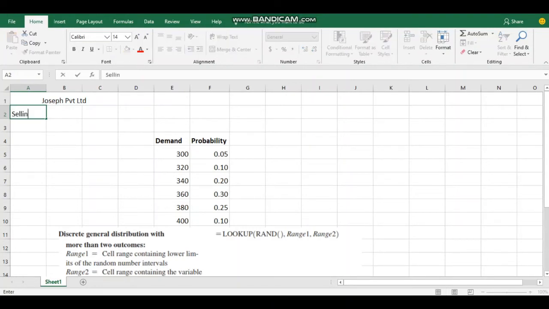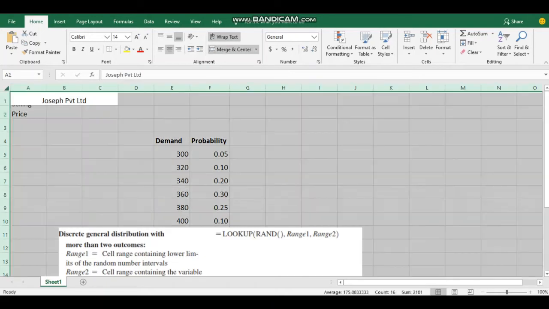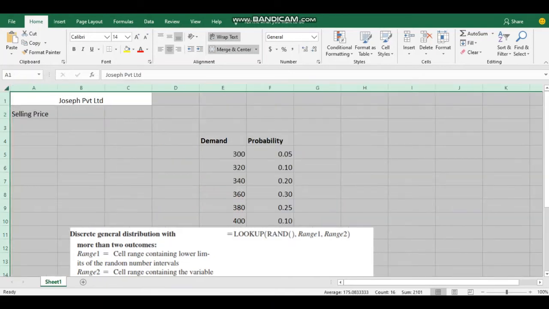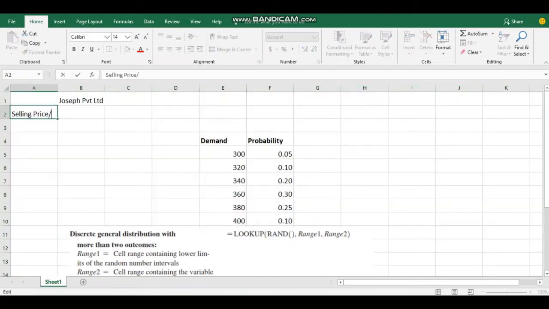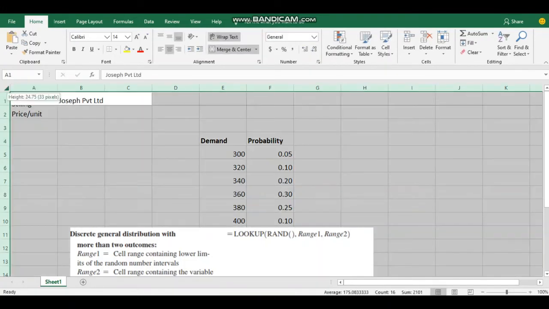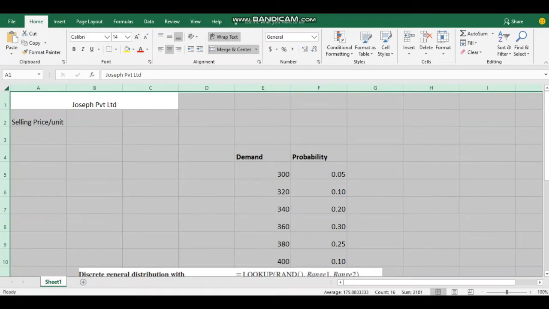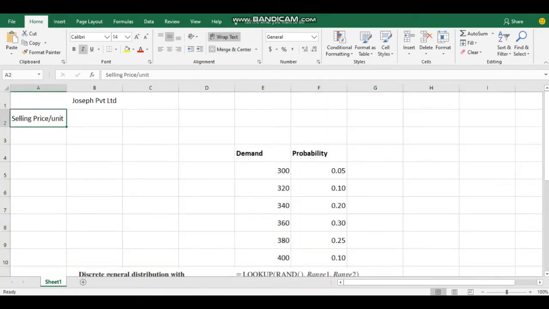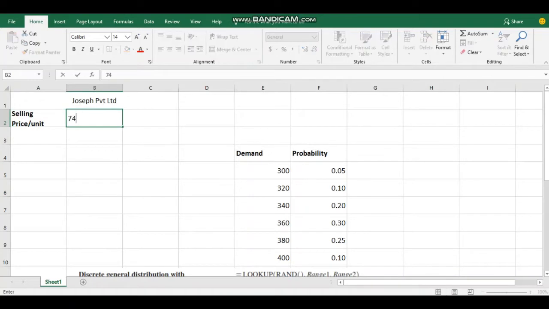He wanted to sell it for how many rupees? Selling price per unit is rupees 74 as per his format.